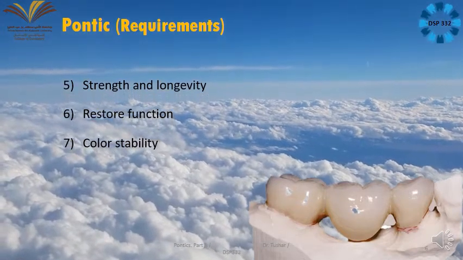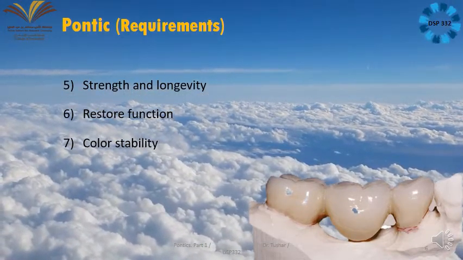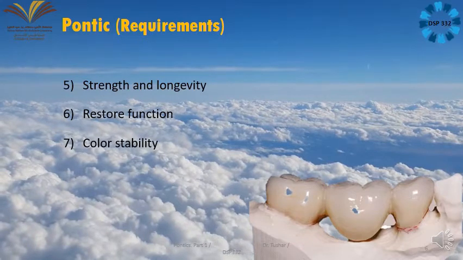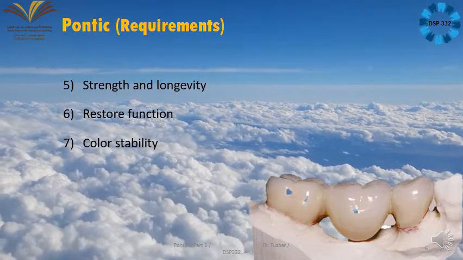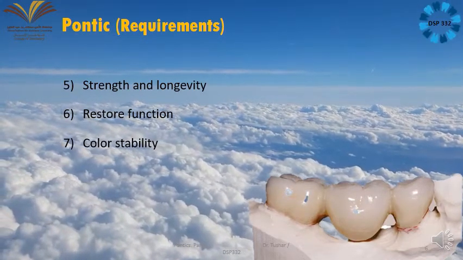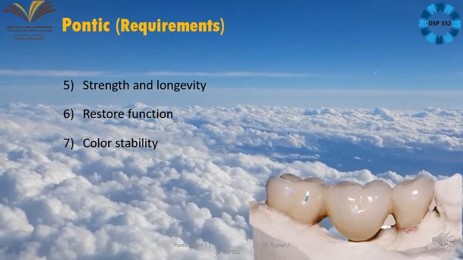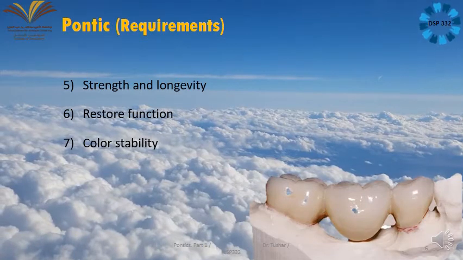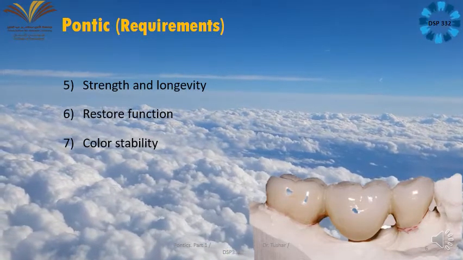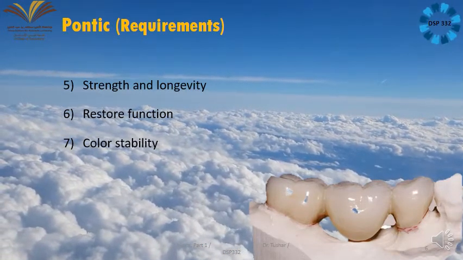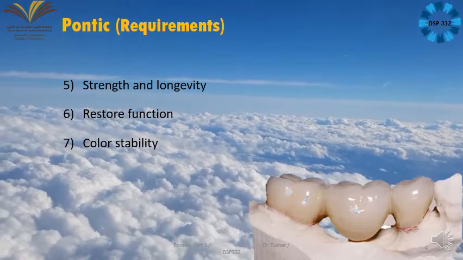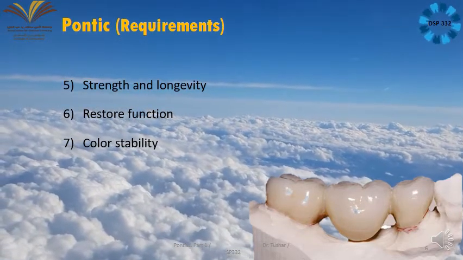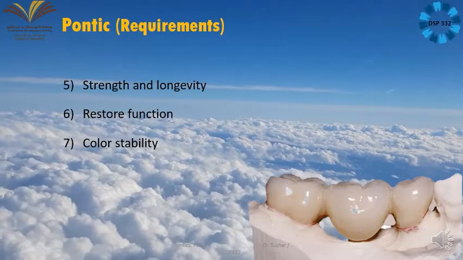That type of disadvantage we should not have with our fixed partial denture. There should be absolutely no staining or discoloration with our Pontic. This is our requirement, and up to a certain extent we have achieved that goal because of ceramic material and metal. So with the help of these different materials we can have a good amount of color stability for the long run.